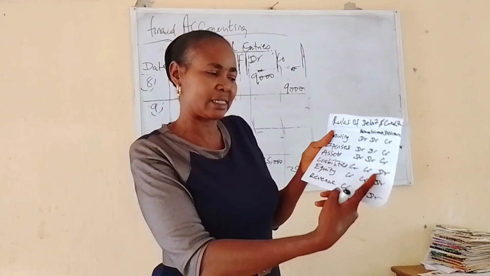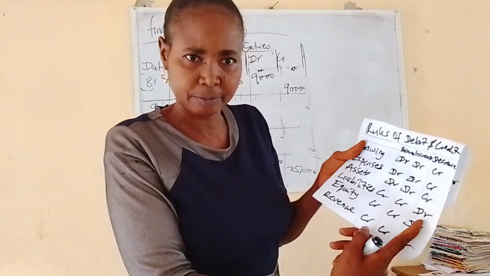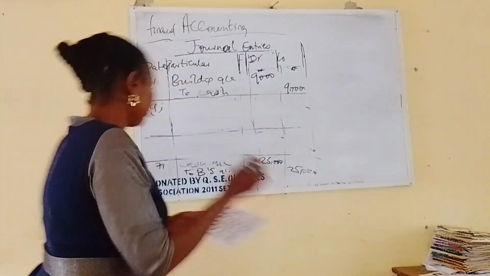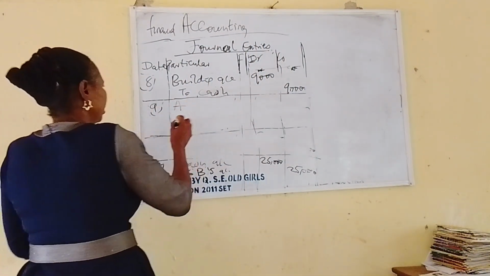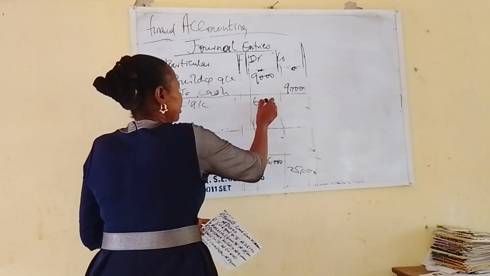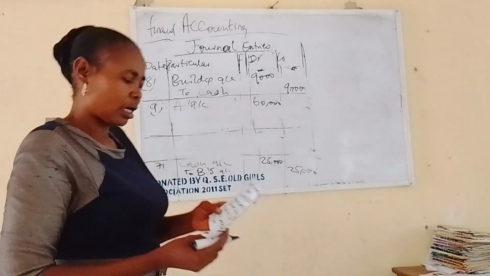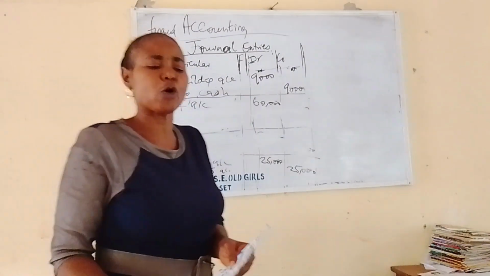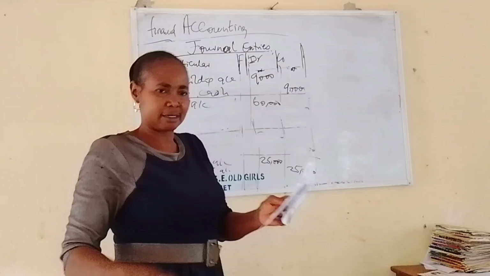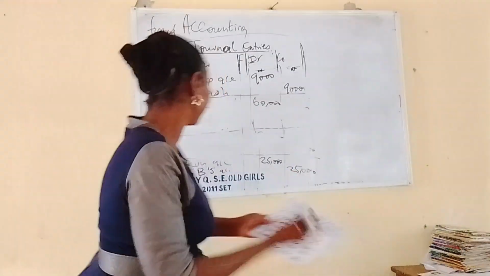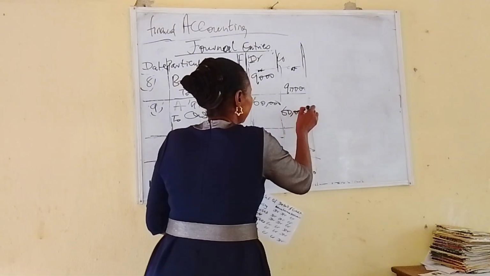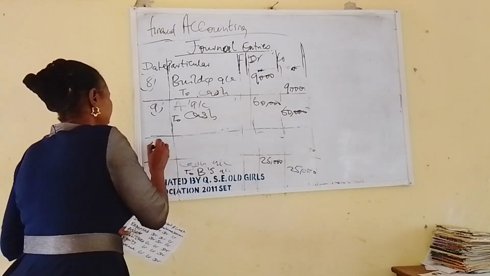And when liability decreases, you debit. So you have A's account, 60,000. And cash left his purse. Cash is an asset, and when an asset decreases, you credit cash, 60,000.